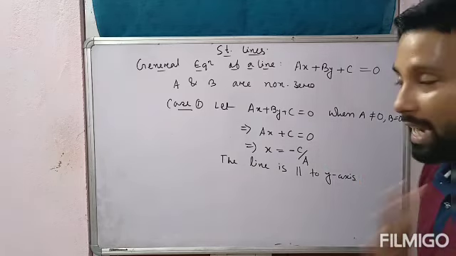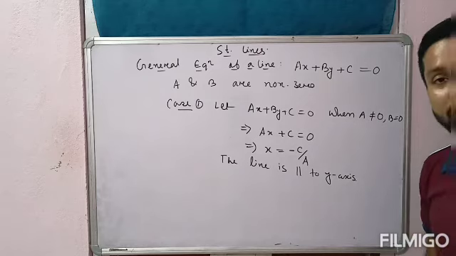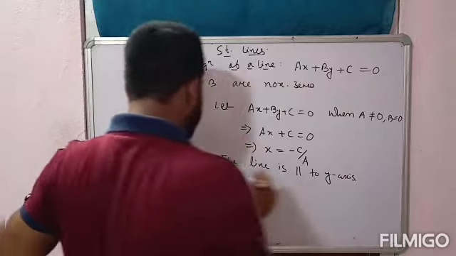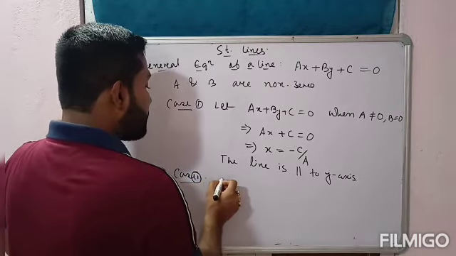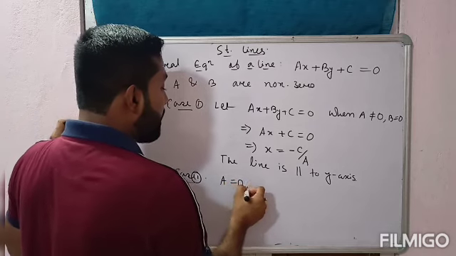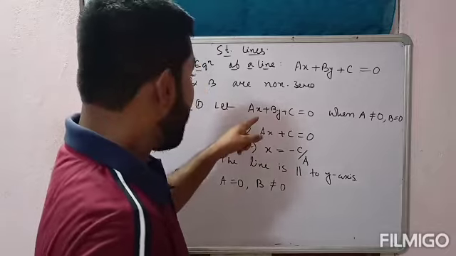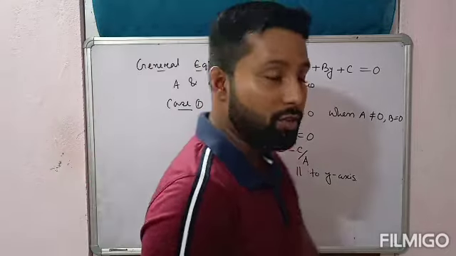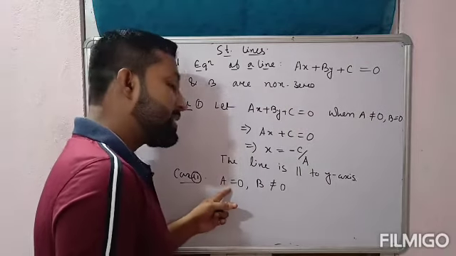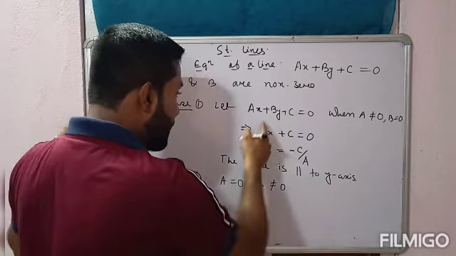So what did I write in case number 1? I considered a not equal to 0 and b equal to 0. In the same way, in case number 2 I will consider a equal to 0 but b is not equal to 0. Then see what will happen. If the equation of the straight line is ax plus by plus c equal to 0, and if we consider a equal to 0 but b not equal to 0, then what will be the equation?